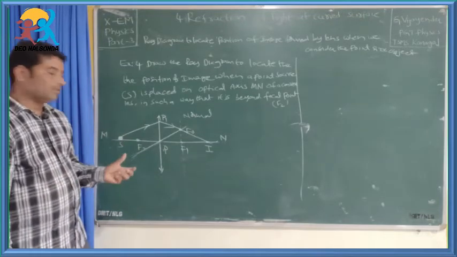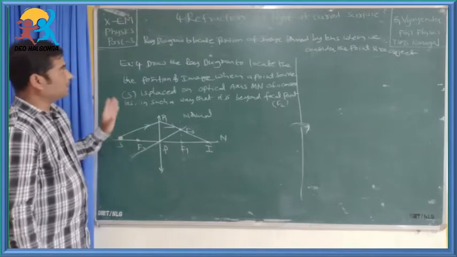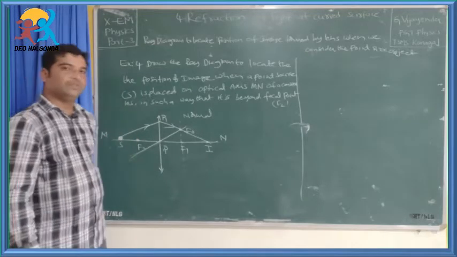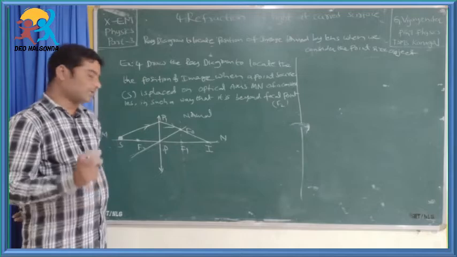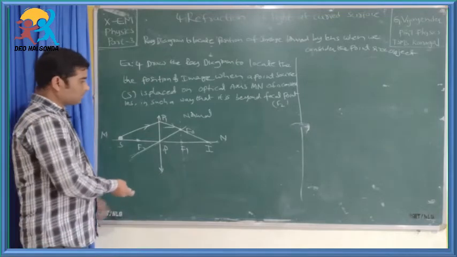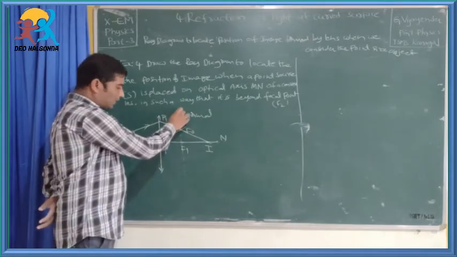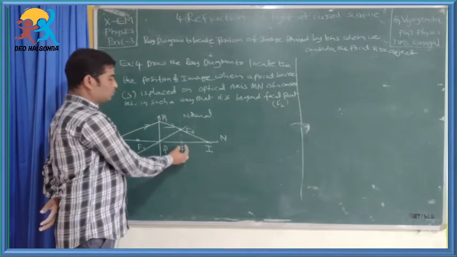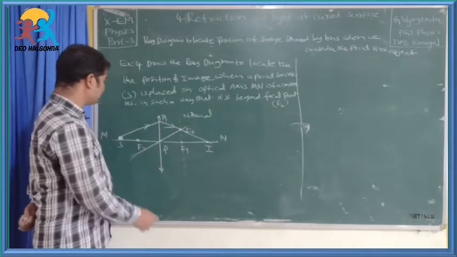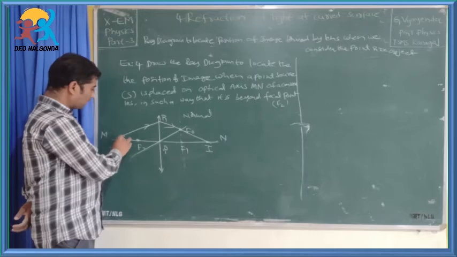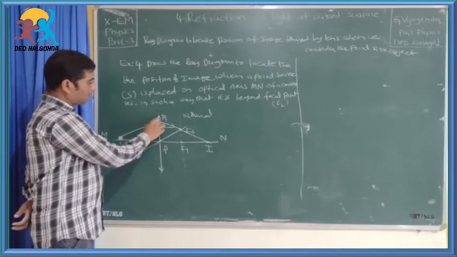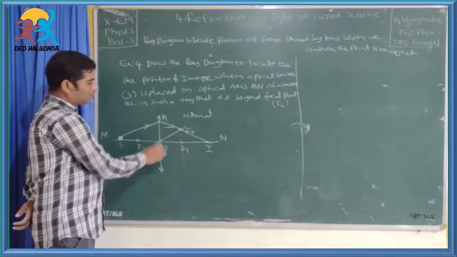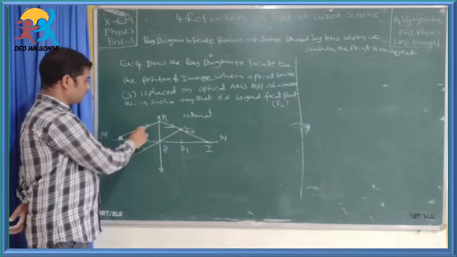To draw the ray diagram to locate the position of the image of a point size object, first step is to draw the normal through the focus. Second step is draw the incident ray at any point on the lens. This is the incident ray.